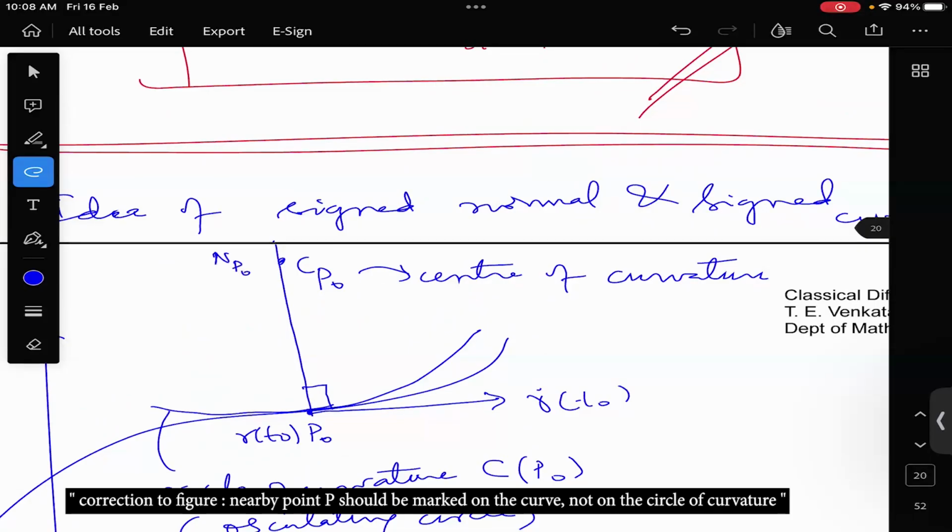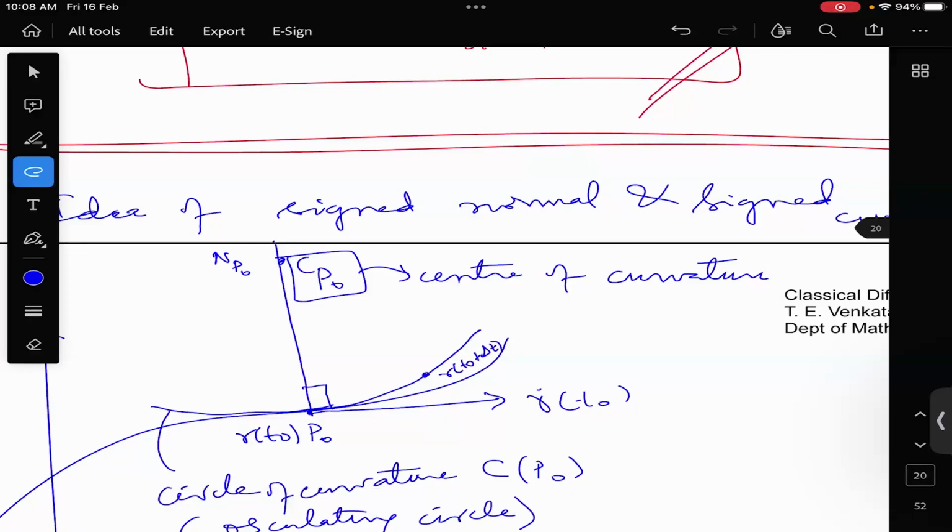How did we get this point? We took a nearby point, gamma of t naught plus delta t, and drew the normal at that point. Let me draw it like this. Of course, at that point you will have a tangent direction, gamma dot of t naught plus delta t.